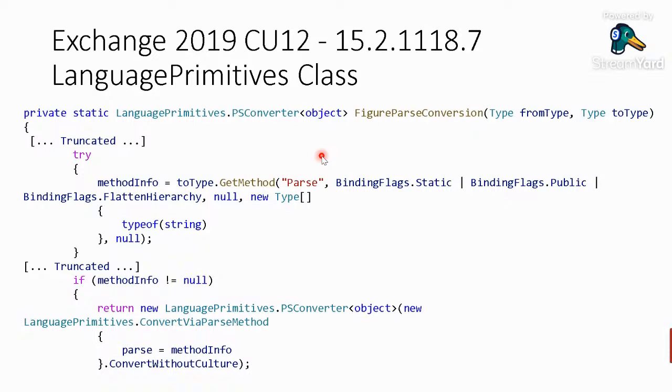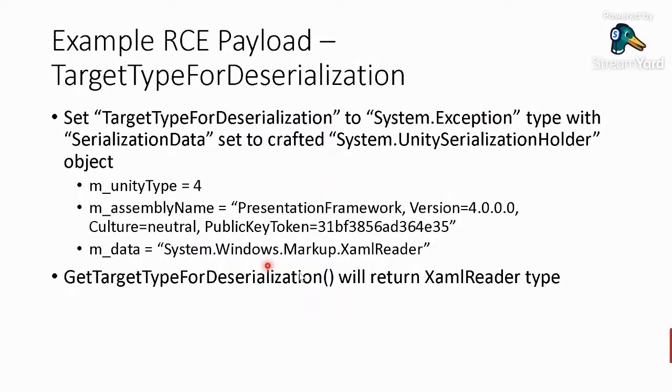We can basically call the parse method of any type we want, and we can also supply the parameters sent to that parse function. So this is actually a specific path that was abused in the past. I think it's called the PS object. That's the name of the gadget used in ysoserial.net that abused the same method of attack. And what it did was use an object called XAML reader.